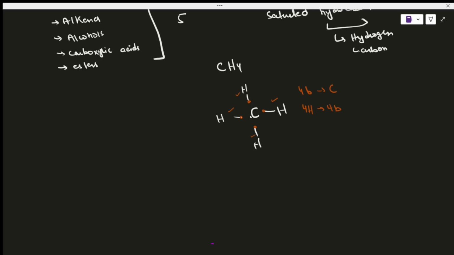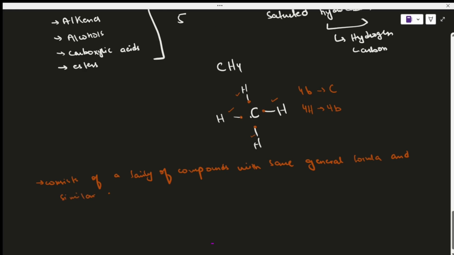Now this is an alkane molecule, and using this alkane molecule we are trying to understand the idea of the homologous series. If I were to write the definition of the homologous series, it says that a homologous series consists of a family of compounds with the same general formula, and you'll understand what the same general formula is in a minute, and similar chemical properties, because they have the same functional group.